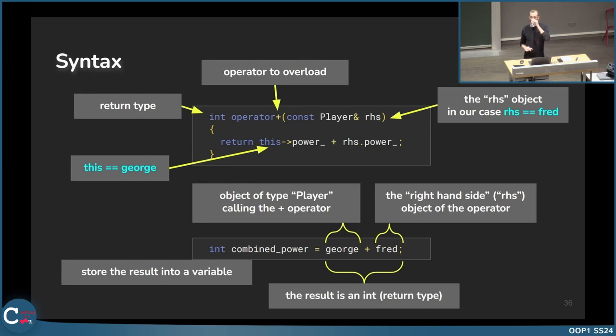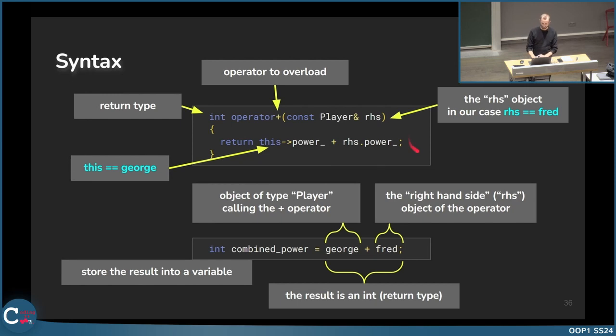Yes? Is it also possible to add 3 different members of the class? Not really, because when you have George plus Fred plus Harry, there's always one equation which is calculated first, and then the third is added.